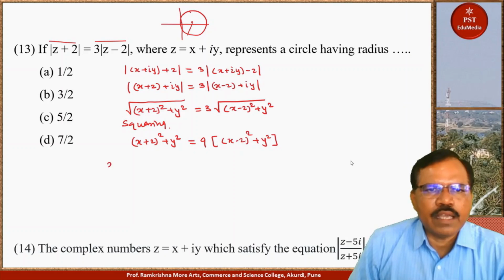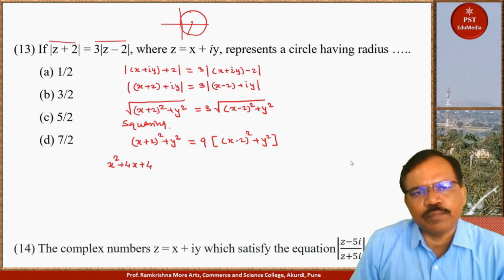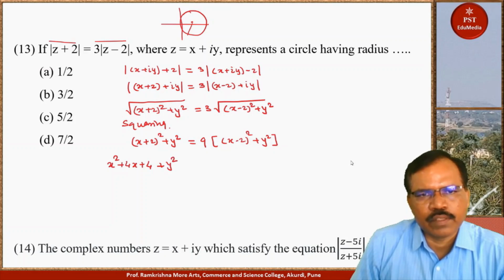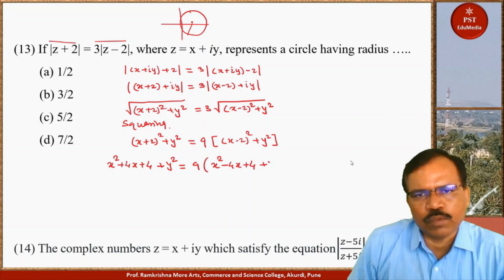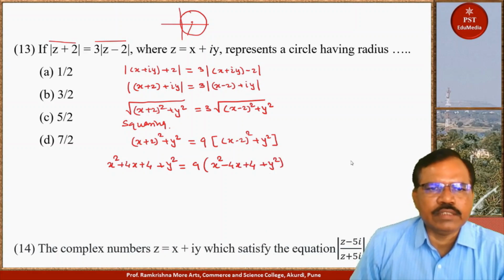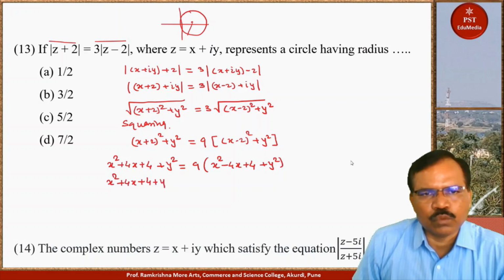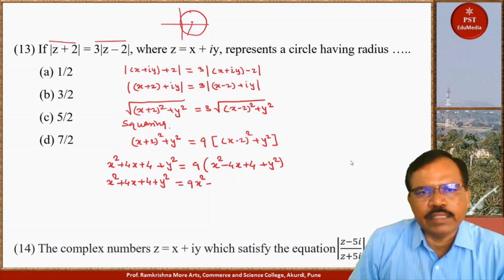So we'll get here x square plus 4x plus 4, that is square of x plus 2, plus y square is equal to 9 in bracket x square minus 4x plus 4, that is x minus 2 bracket square, plus y square. So this equation gives x square plus 4x plus 4 plus y square is equal to 9x square minus 36x plus 36 plus y square.